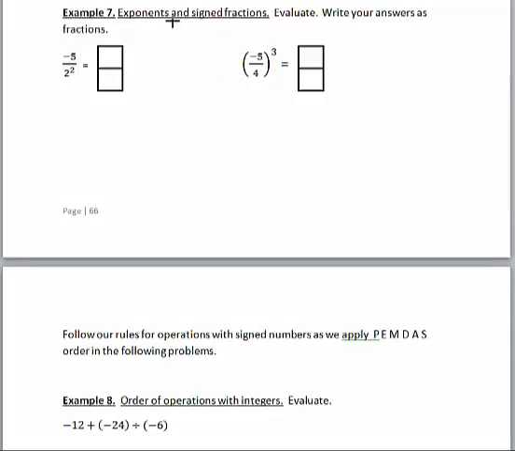Example 7, exponents and signed fractions. Okay. So what do we do here? We have two boxes, so I'm just assuming that perhaps we work with one piece at a time. I will carry the negative over to the top, and then on the bottom of the fraction we can simply just write 2 times 2.